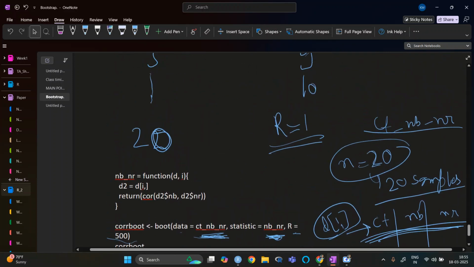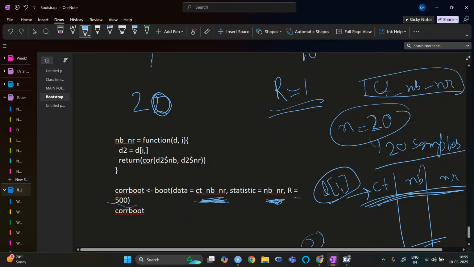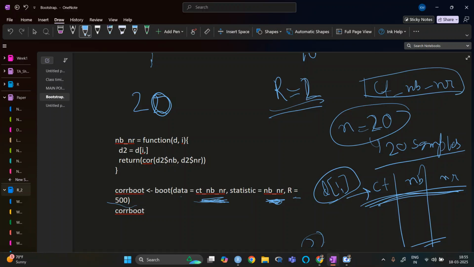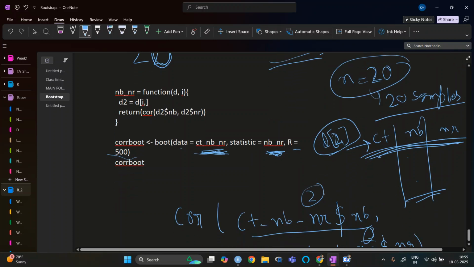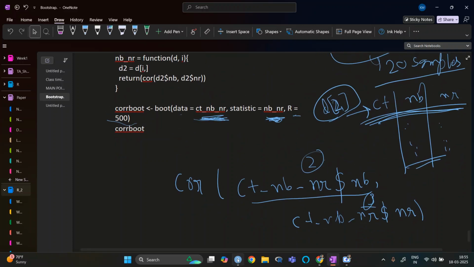Now it will take again resample from this original data. So for R equal to 2, it will do the same. Take 20 sample. It will be D2 comma this. Again, it will find the correlation between all these values, and then it will return me again one correlation. So it will do it 500 times.